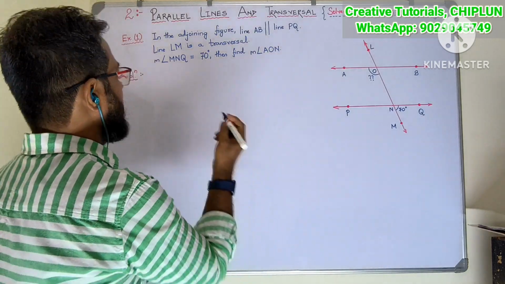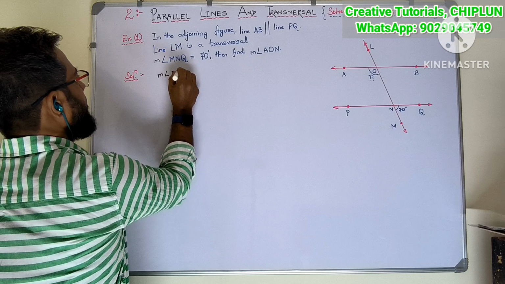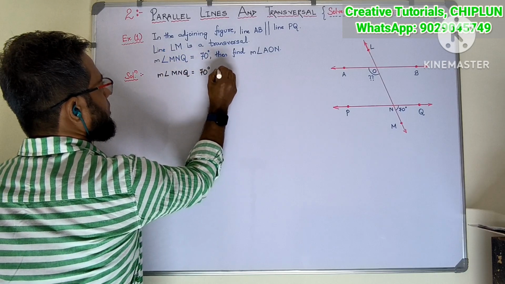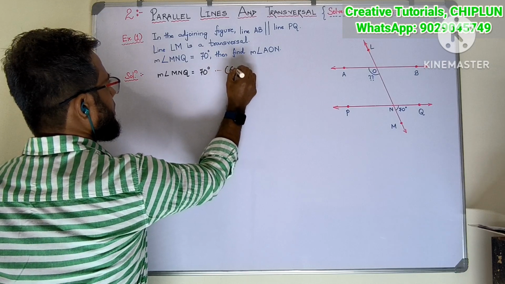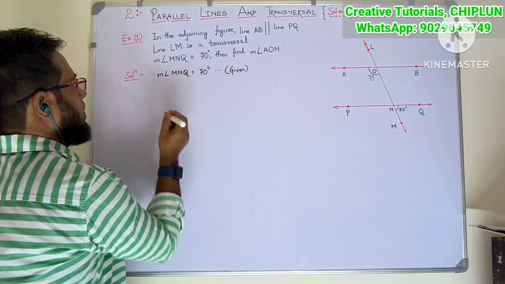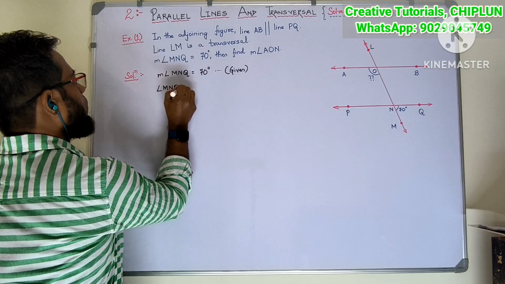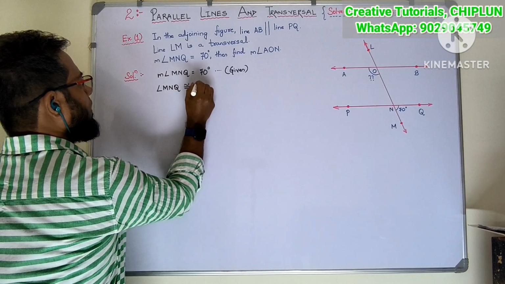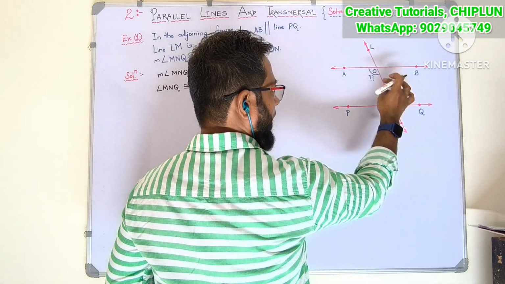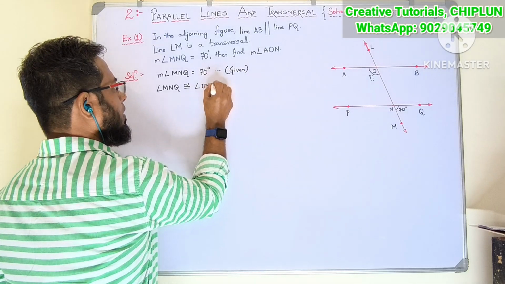First method is, I will see that first, measure angle MNQ is equal to 70 degrees. Right now this is given to us, correct? This one. All right, now angle MNQ is congruent to angle ONP.